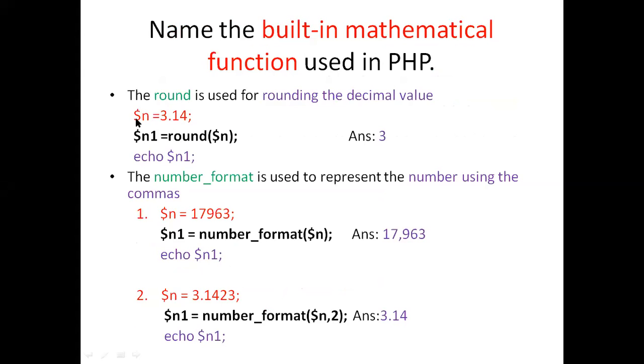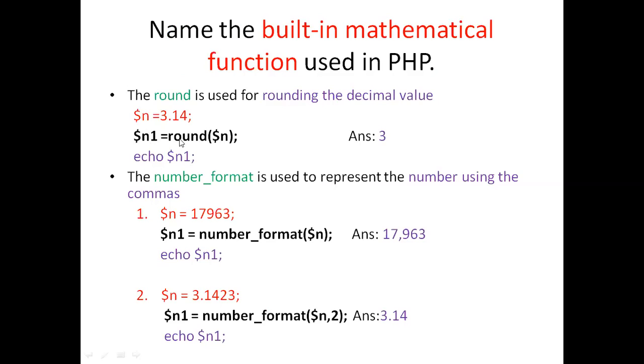We declare N1, whose value is 3.14. But N1 is going to round. Round N. So N1 means the new value is going to be this rounded value. Make sure you put here N1, the new one. But the N value is here, 3.14.